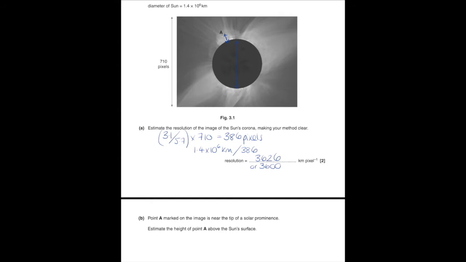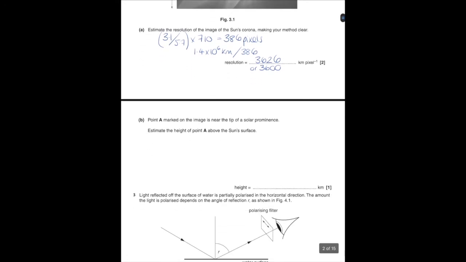So what I've done is I've measured the real distance between the surface of the sun and A as a ratio, or rather as a fraction again, of the whole vertical height of the image. Alright, so when I did that, I ended up with a value of 0.5 centimeters for the height itself, out of the whole height of the image, which was 5.7.